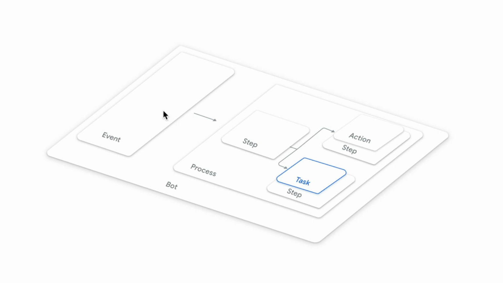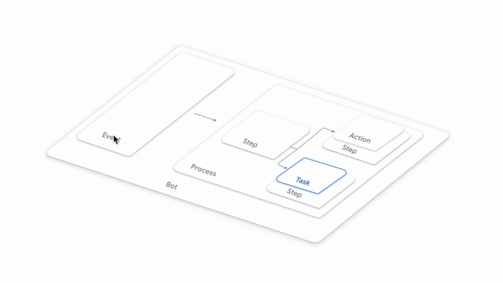And then up to the left here, the next thing that we have is events. These are basically the things that trigger your automation to run. It could be run on a schedule, or it could be run on a piece of data being changed or a piece of data being added. Basically, this is the stuff that you configure up at the top of the automations in the newer interface.